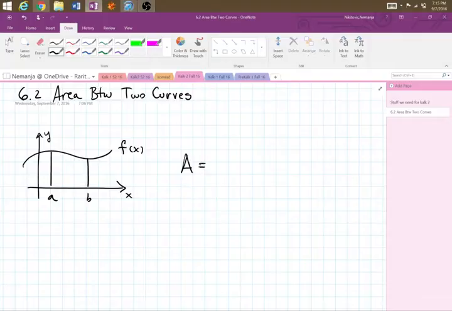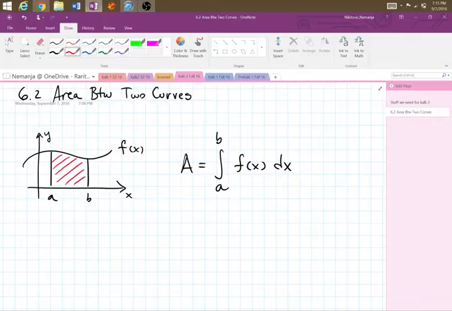We set that integral in Calc 1 as a definite integral, looking at the area between a and b, which are both x values, so you can also think of them as x1, x2. So integrating the function f of x dx.